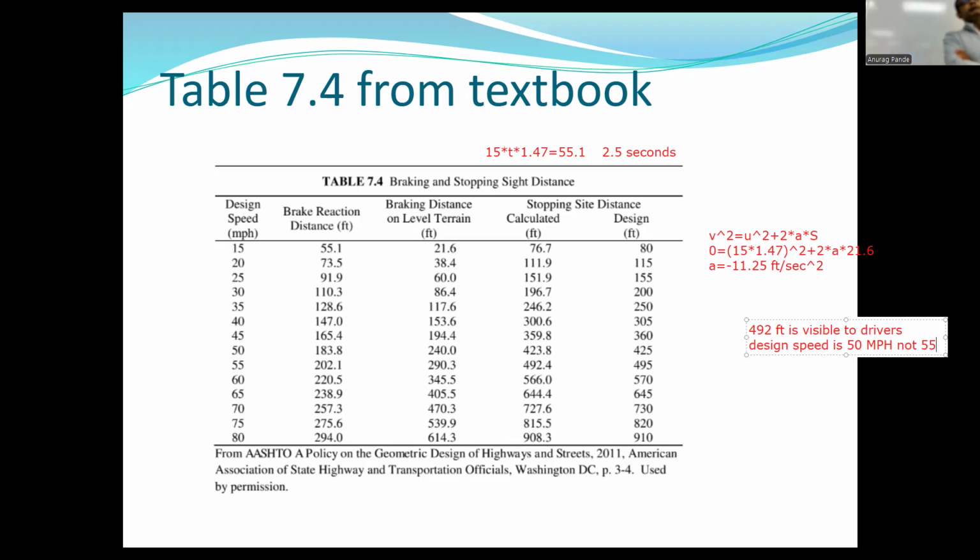For this, does this change the speed limit or does it change those yellow signs? Yeah, it should change the speed limit. If you cannot provide stopping sight distance, it does change the speed limit. In this situation, if you provide 50 miles an hour, I wouldn't bat an eye.